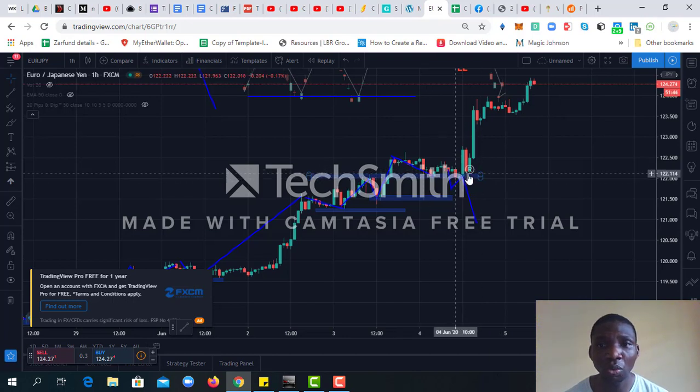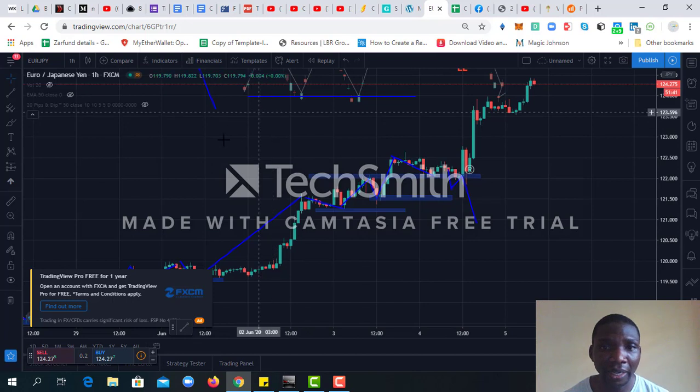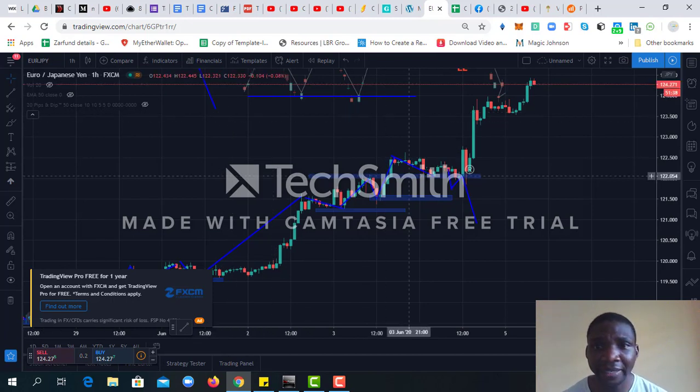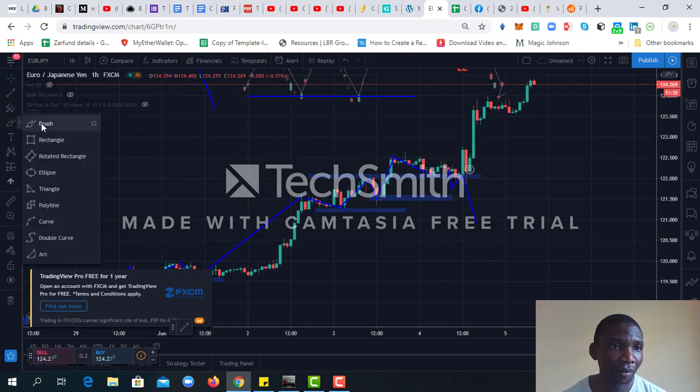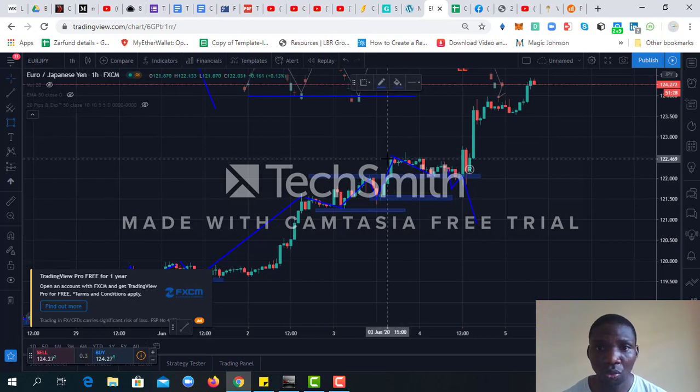So the structure was broken, and when this was created, guess what happened? Let's see the next structure that was formed there. Here was a structure. A structure was formed here.